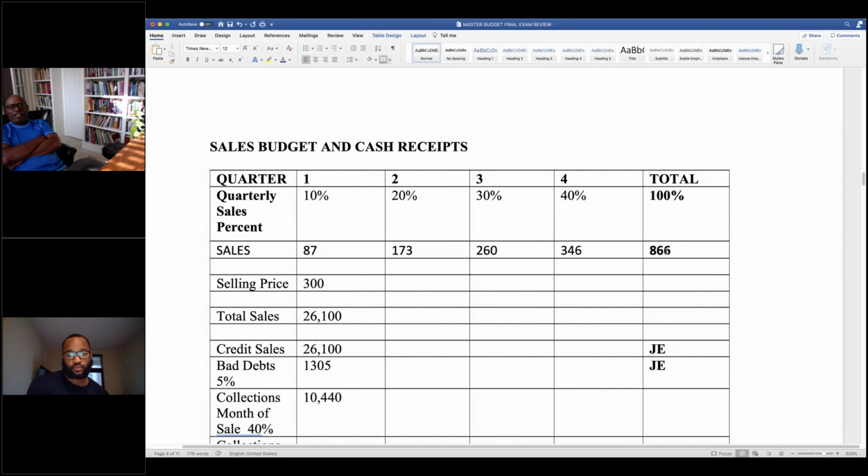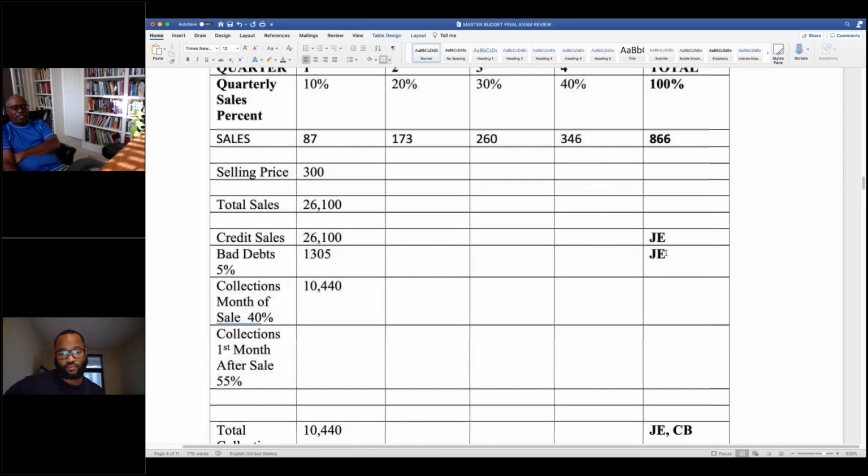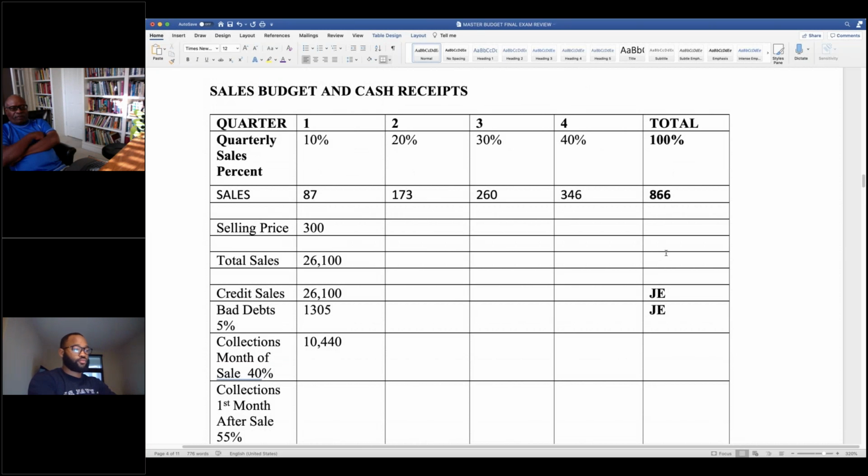I got a question though. For the collections, month of sale 55% and collection first month after 30%. Where do we get the number for quarter two collections first month after sale?